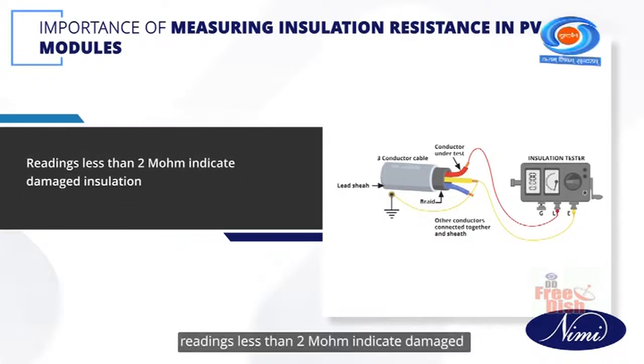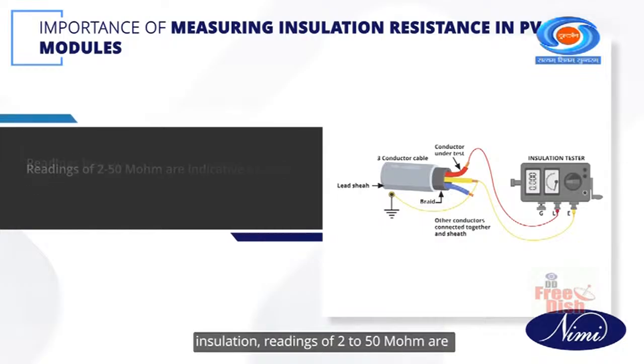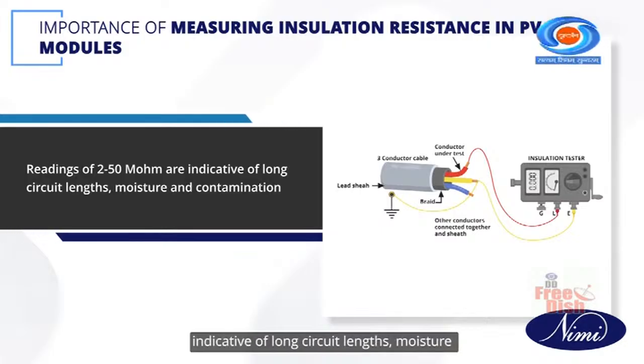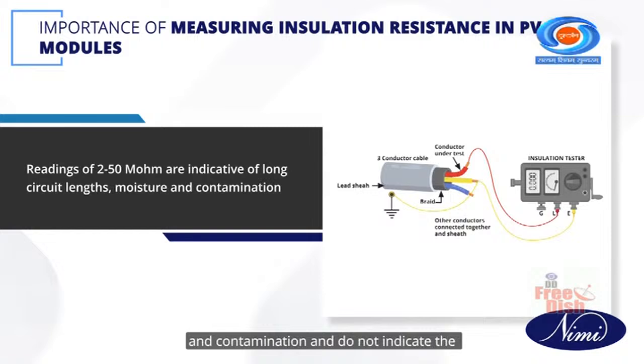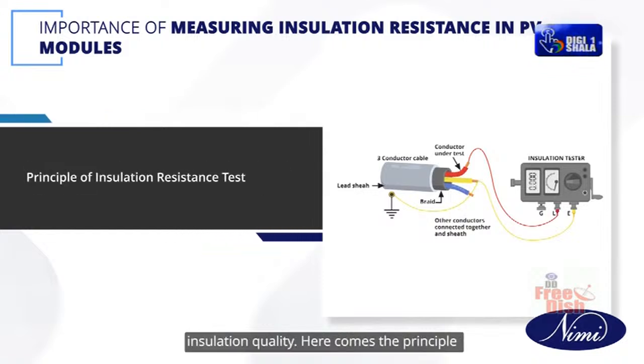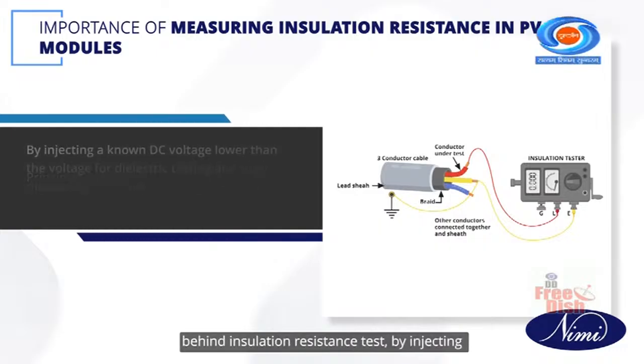Readings less than 2 megohm indicate damaged insulation. Readings of 2 to 50 megohm are indicative of long circuit lengths, moisture and contamination, and do not indicate the insulation quality. Here comes the principle behind the insulation resistance test.